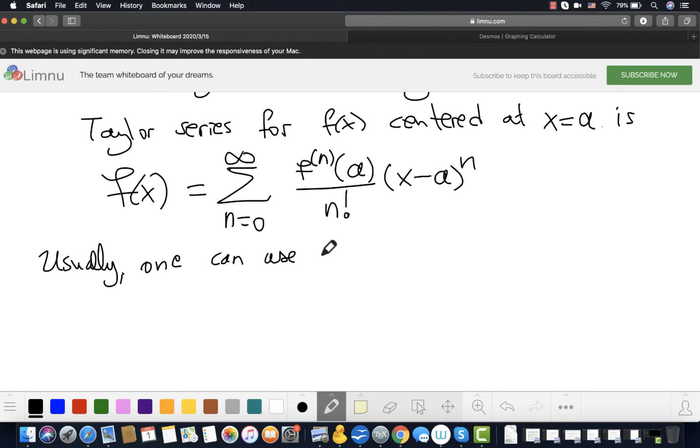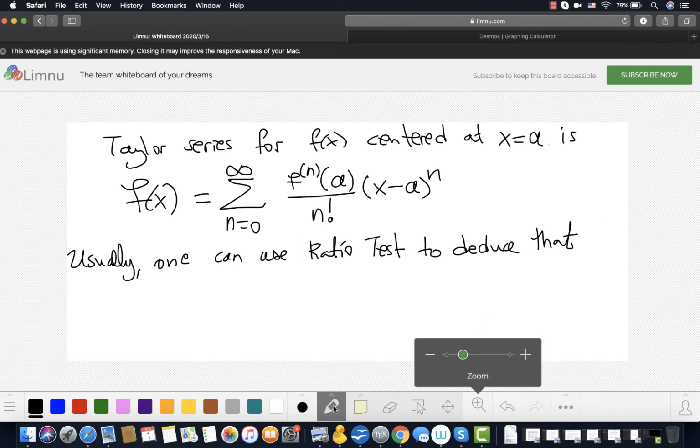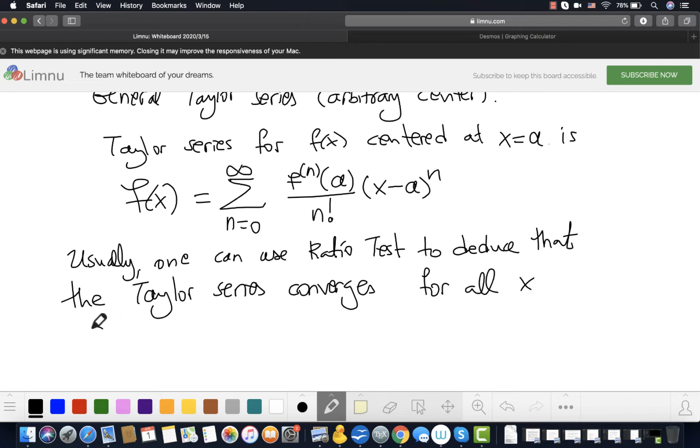Usually one can use the ratio test to deduce that the Taylor series converges for all x satisfying absolute value of x minus a less than r.